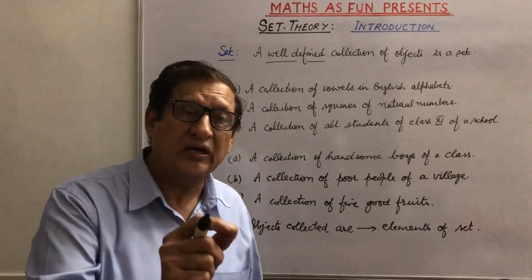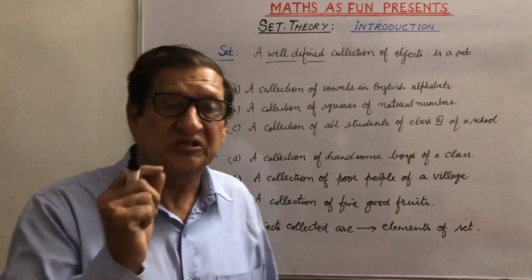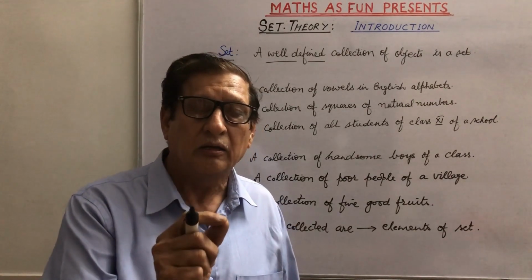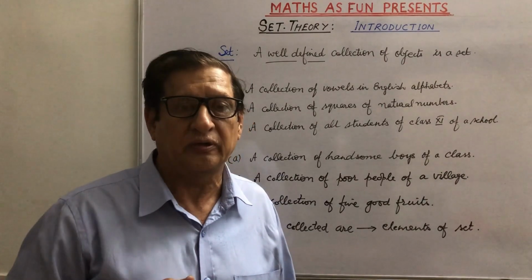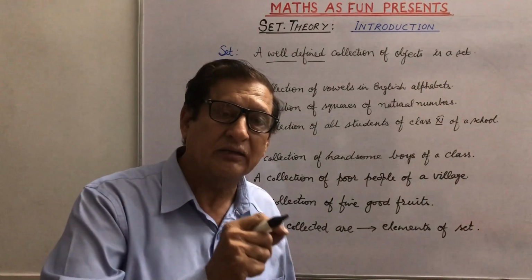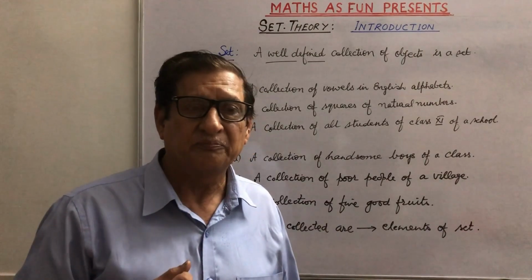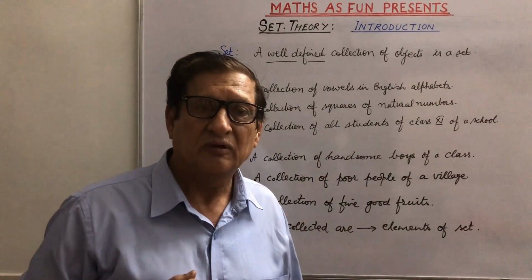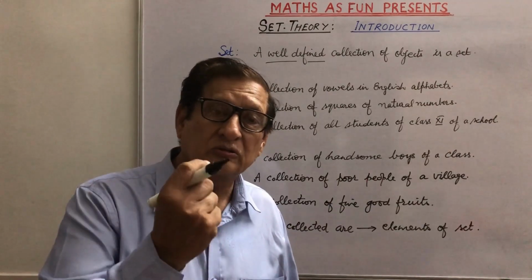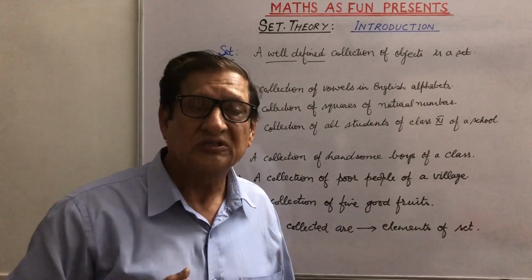Well-defined means if we are collecting objects which can be recognized by a particular common property, then we call it a well-defined collection. For example, in daily life, you find these shops around you. These are also some sort of sets.